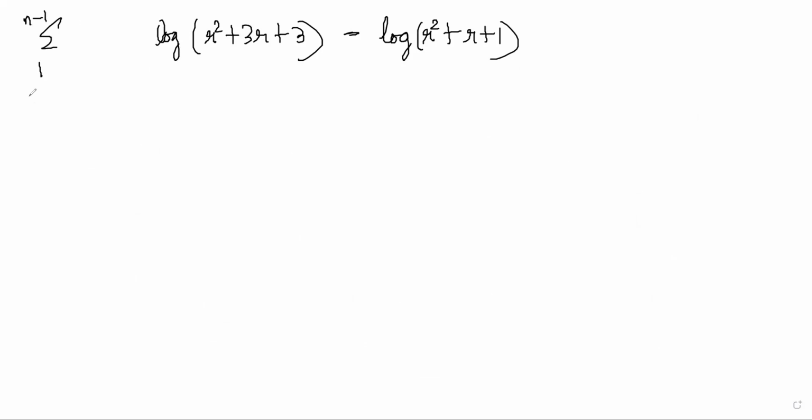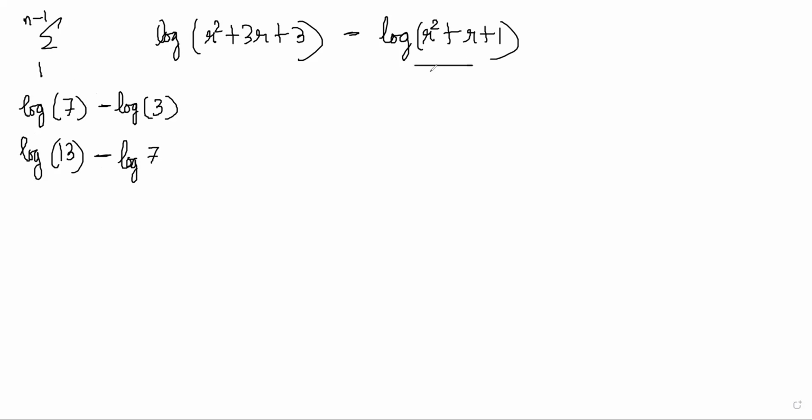So let's see what happens here. Log of, put 1, so it will become 1 plus 3 plus 3, 7, minus log of 1 plus 1 plus 1, so 3, right? Put 2, it will become 4 plus 6 plus 3, so 13, minus log of 4 plus 2 plus 1, 7, you see.